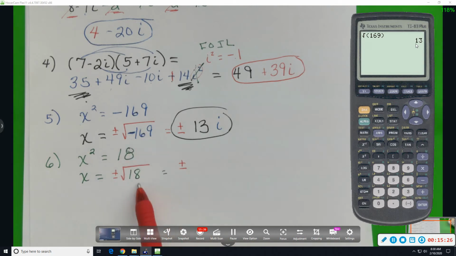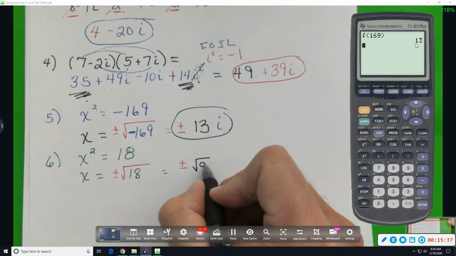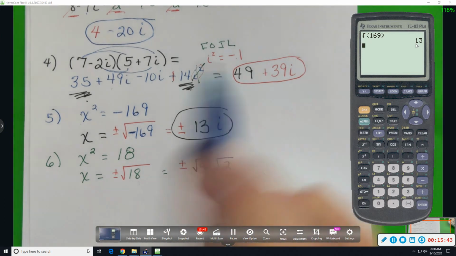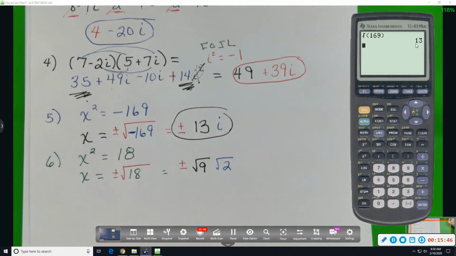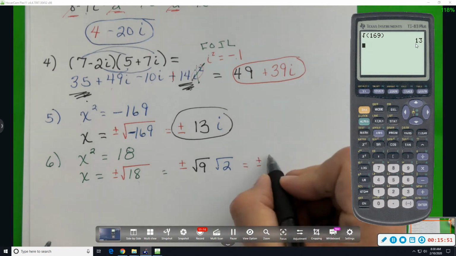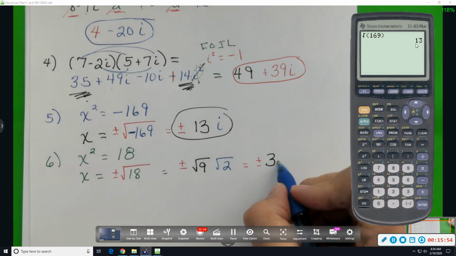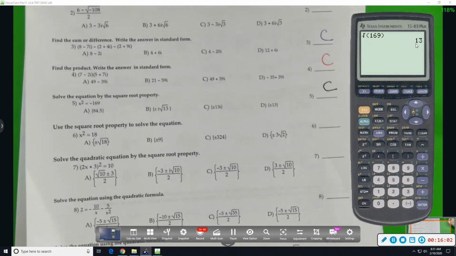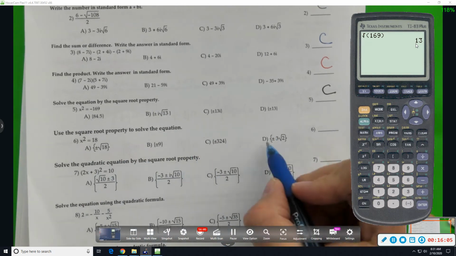Okay. Let's see. I don't even need to punch it into my calculator to figure out what perfect square divides evenly into 18. 9. Can I hear 9 times 2? So this would simplify to plus or minus 3 square root of 2. Oh, wow. Let's see. D.